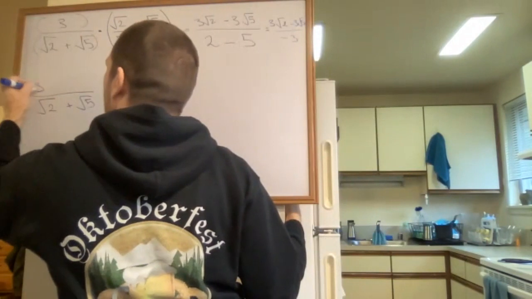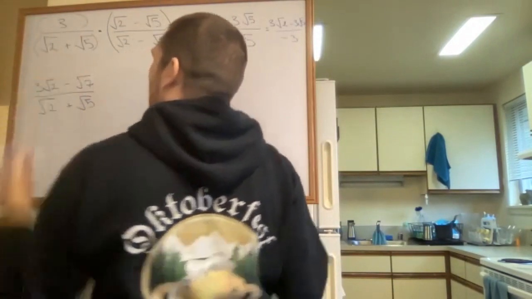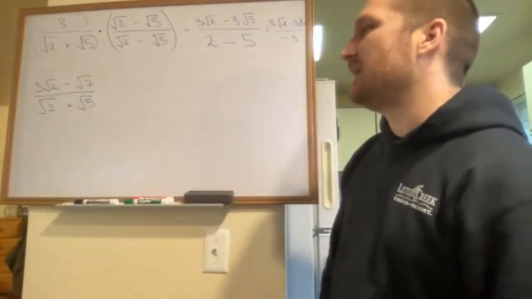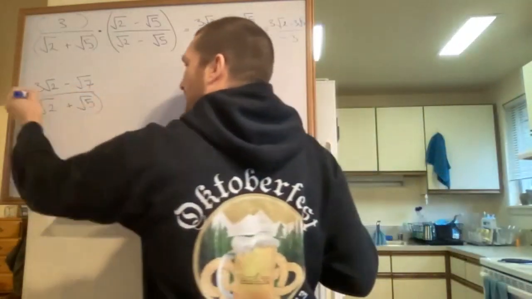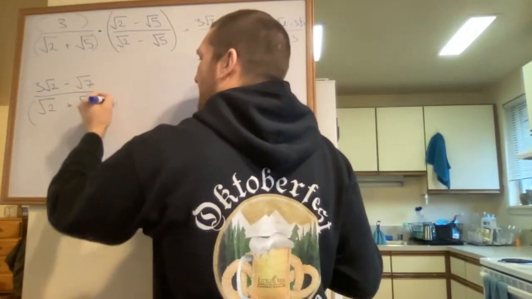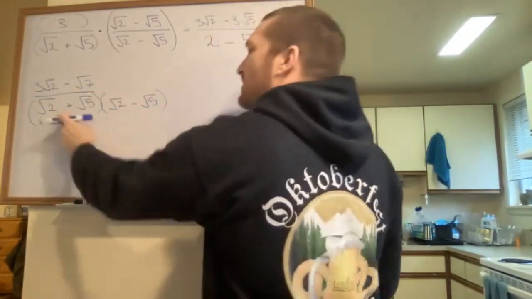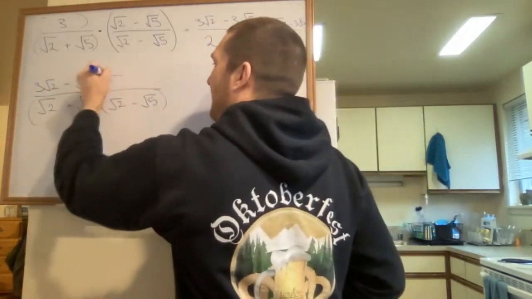You might have something like 3 root 2 minus root 7, and it'll say, rationalize the denominator. So you'll know the only way to rationalize this guy is to multiply by his conjugate. And so you do the same thing here. The conjugate is what I get when I flip the signs. Whatever I do to the bottom, I got to do to the top.